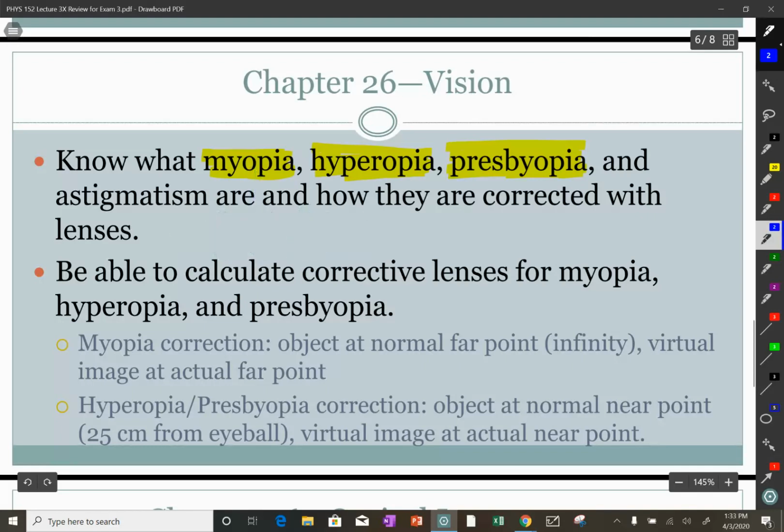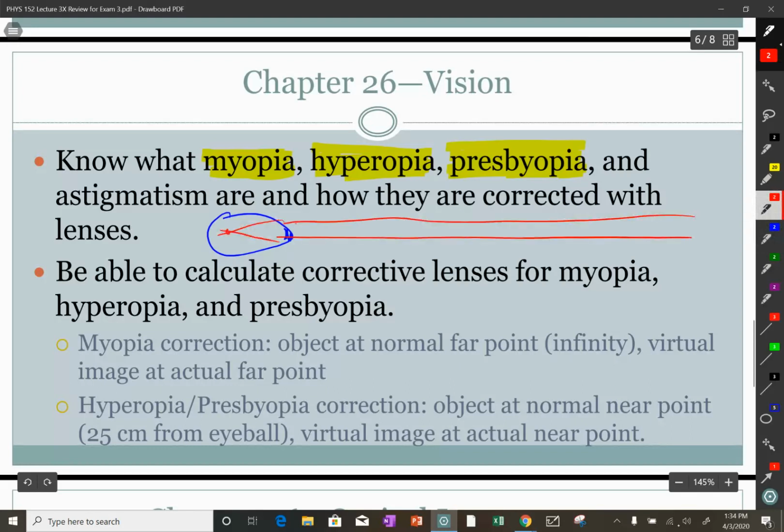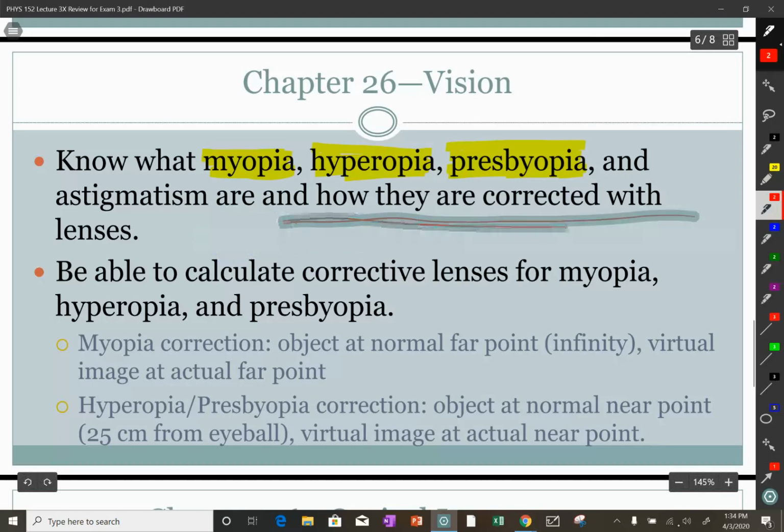If you have myopia, the cornea does the primary focusing, and things that are far away, so parallel rays, come to a focus too early. If something is closer, then it'll come to focus on the back and you have no problem. And so that's what causes myopia. Yes, the eyeball is either too long or the cornea is too curved.